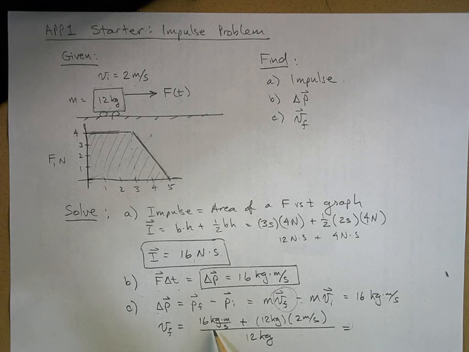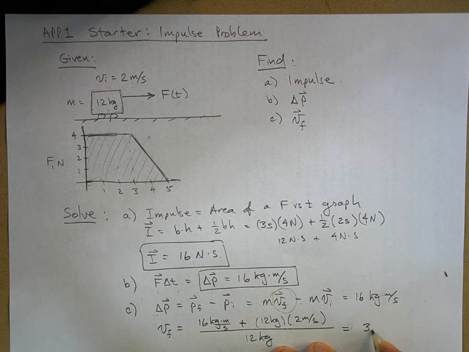Yeah. And then 40 divided by 12. And so our final velocity is going to be 3.3 meters per second.